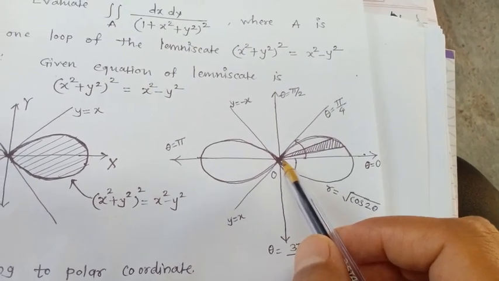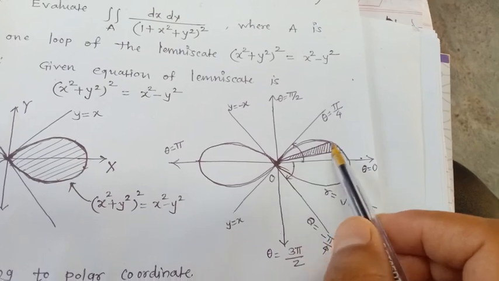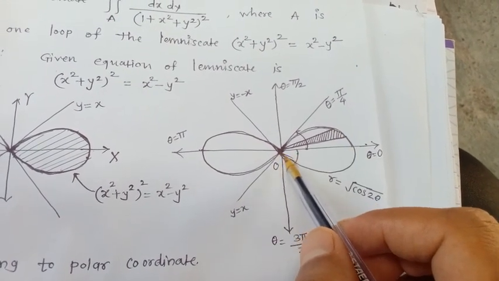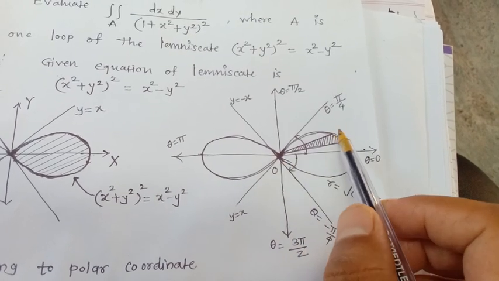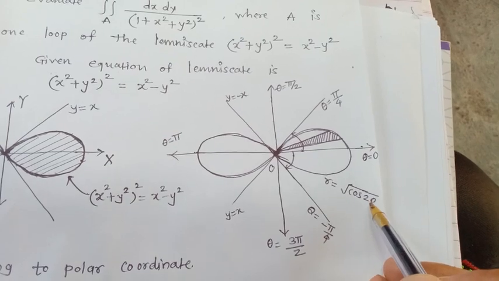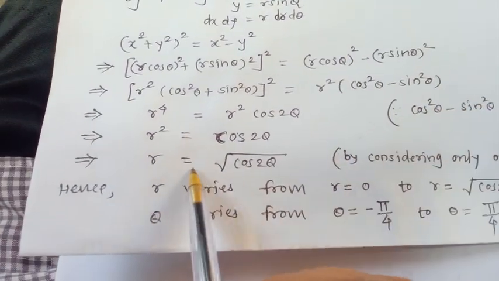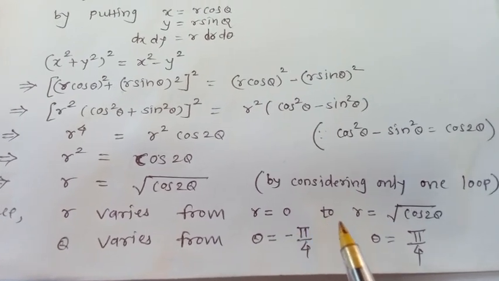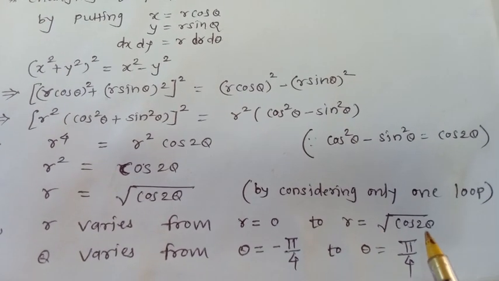That means our radius is starting from the origin and ending at this curve of the loop. Therefore the lower limit of r is r equals 0, and the upper limit of r is r equals square root of cos 2 theta. That means we can write the limit of r as r varies from 0 to square root of cos 2 theta.